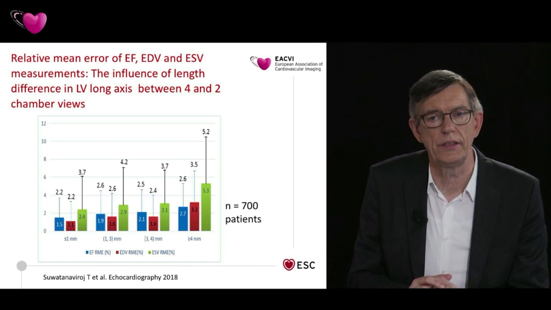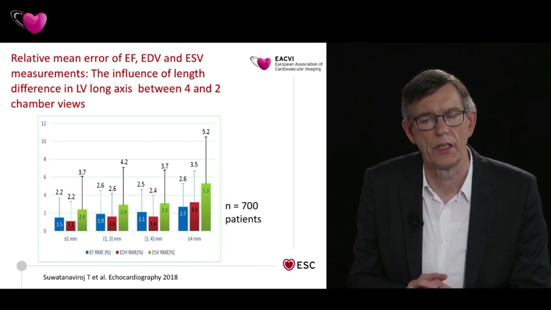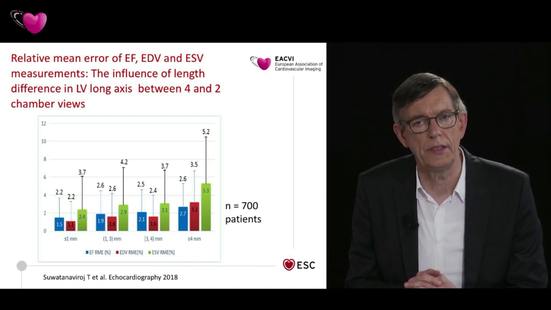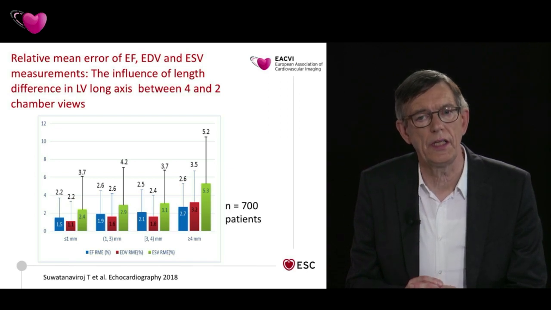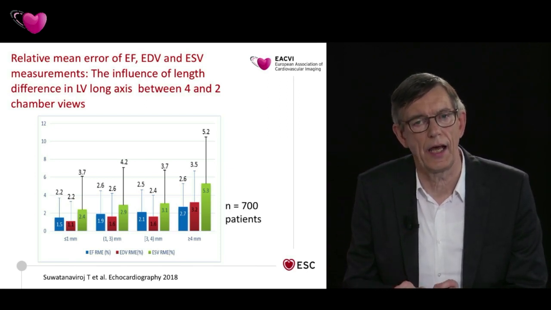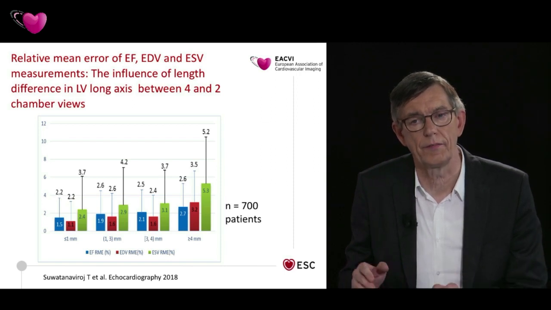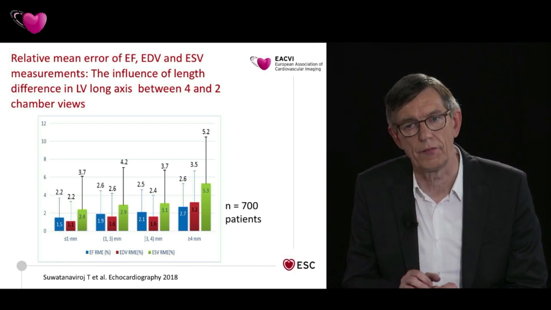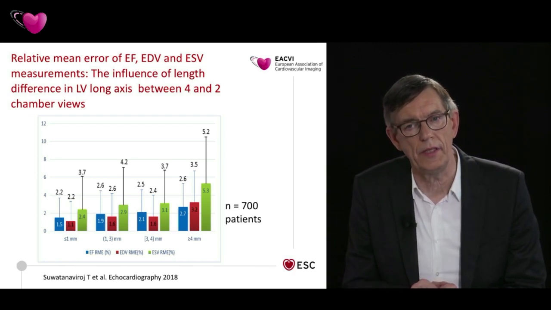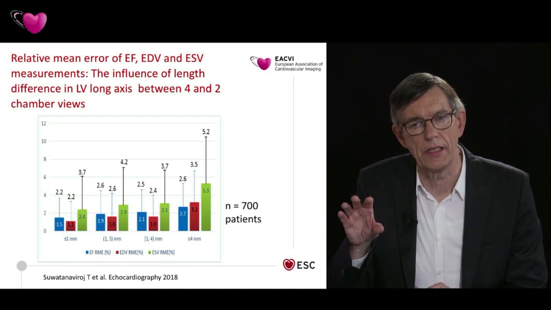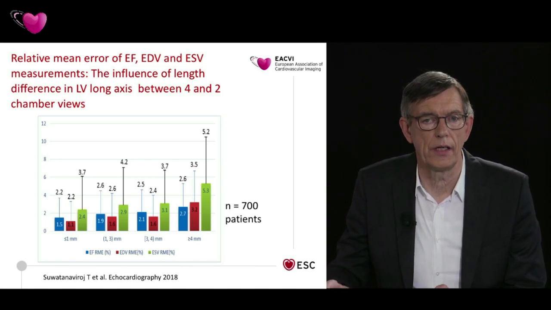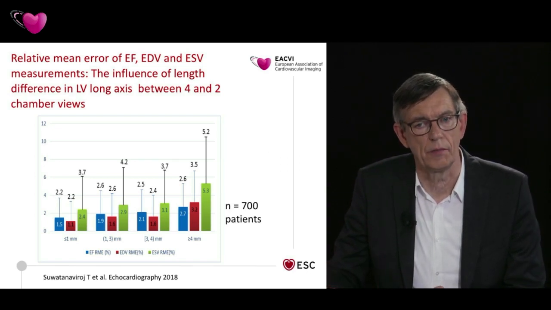We looked at a series of 700 patients, how this difference in length affects the reproducibility and variability of measurements. And what you can see here on this slide, where on the x-axis we see the difference of lengths, and on the far right we have a difference of lengths of more than 4 millimeters, the columns are all higher, indicating a higher error estimate, which is on the y-axis, in the patients.